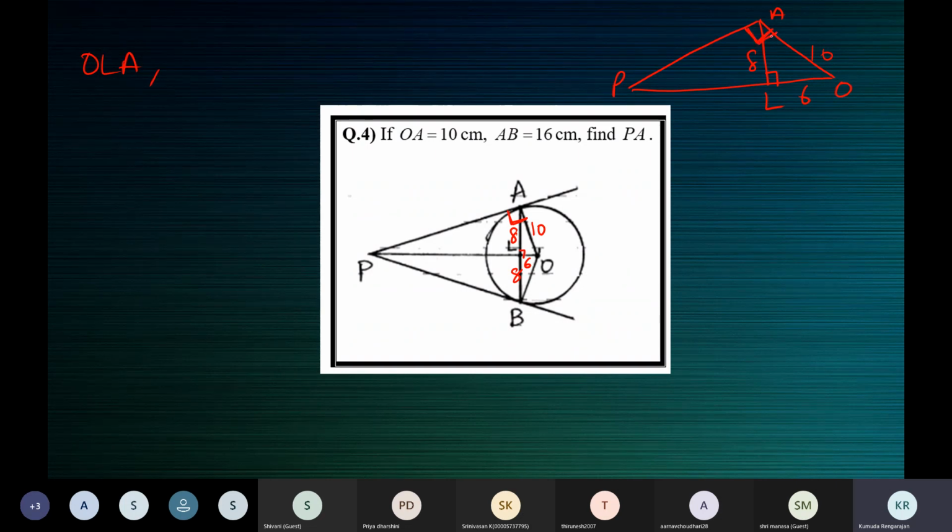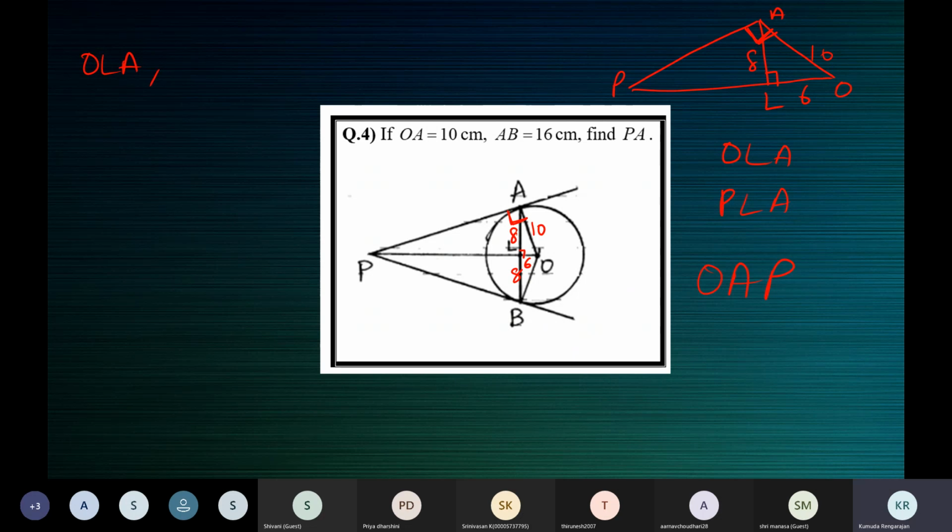So there are 3 right triangles here. The 2 small triangles are OLA and PLA, and the whole thing is OAP.